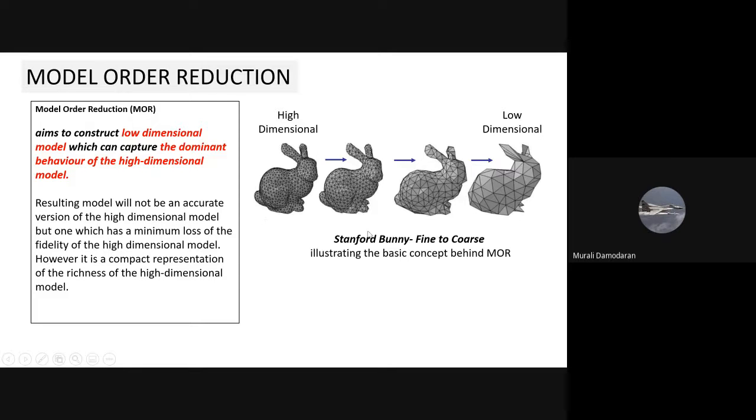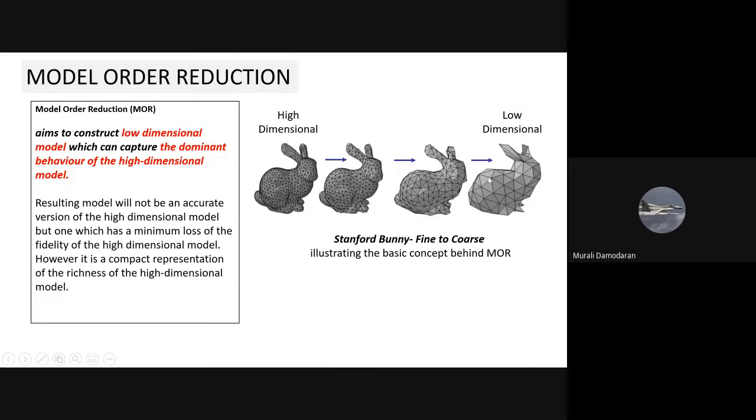It's like this cartoon here, the Stanford bunny, which you find in many computer graphics papers. I have a very fine mesh triangulation used to represent this rabbit. This is the next level of coarser, and this is the coarsest mesh.